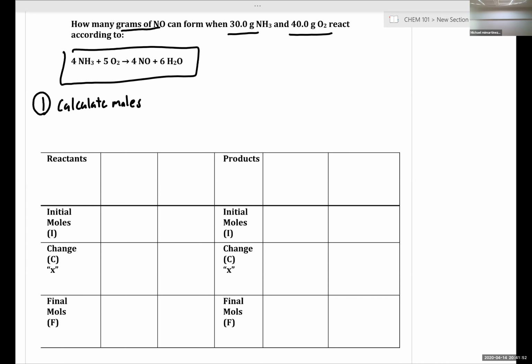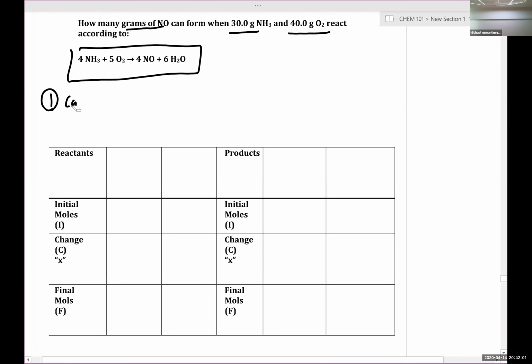Okay, so let's come together to discuss this problem, and I'm going to need your help in solving and working through this problem. So first and foremost, we're going to calculate our moles. So for our ammonia, let's write each of our reactants. So we have ammonia and oxygen reacting to yield nitrogen monoxide and water. Wonderful.